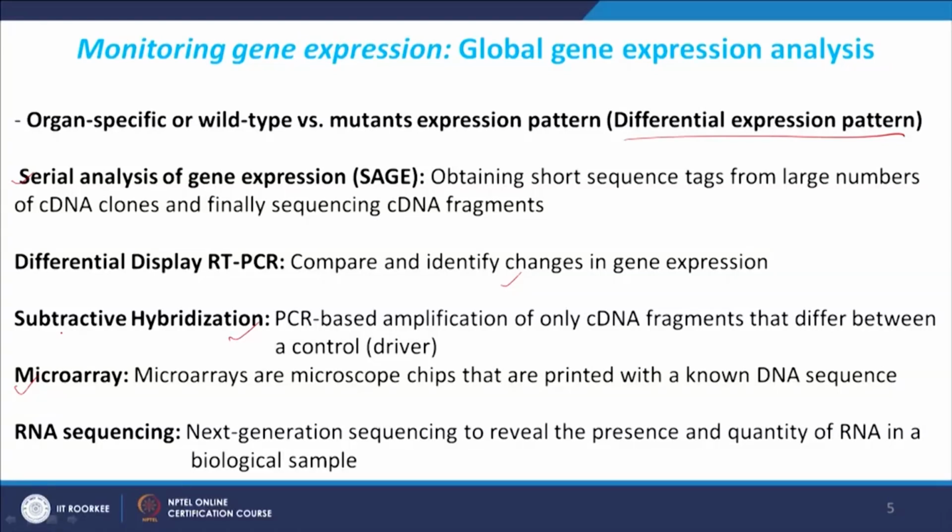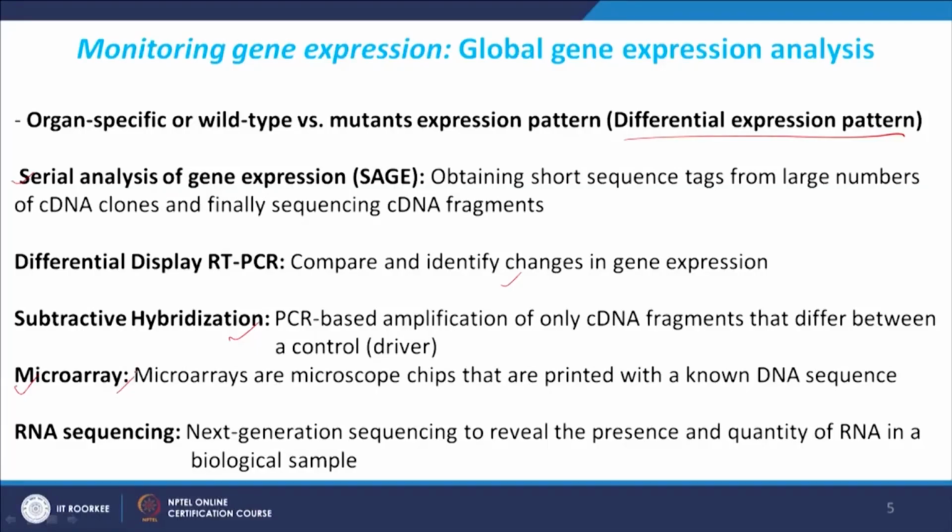Then there was the technique which was very widely used in most of the genomics based differential expression pattern analysis, which was microarray. Microarray was the technique where small single stranded oligos were spotted on a chip, and then the total RNA was isolated from a particular condition to identify the differential expression.